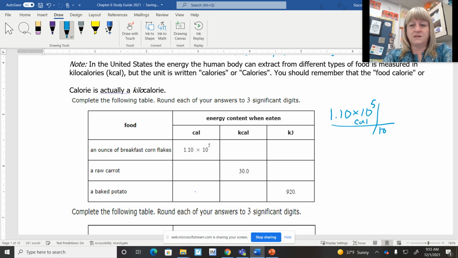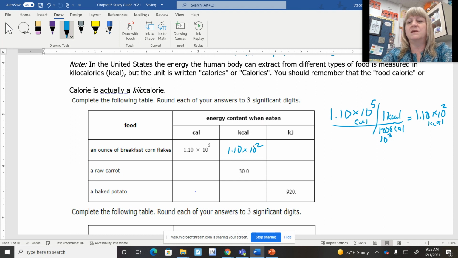And then I know there's 1,000 calories in 1 kilocalorie. And if I put that into my calculator, this is like 10 to the third. 5 minus 3 is 2, so I'd end up with 1.10 times 10 to the second kilocalories. And that's what I put here.